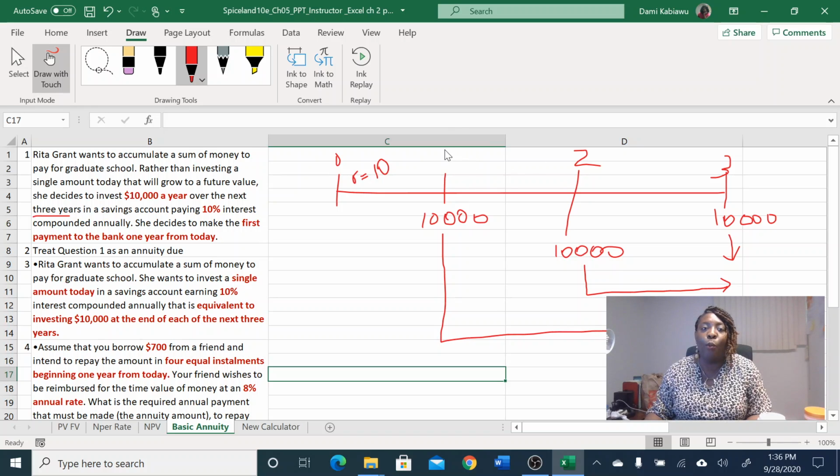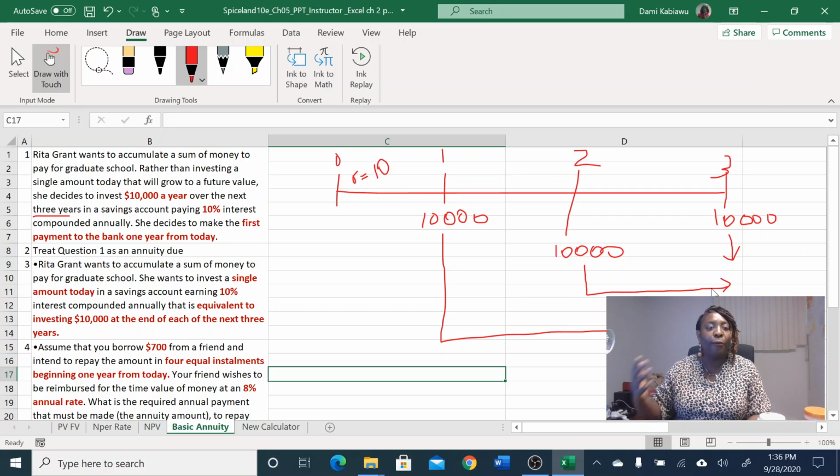It will grow from year 1 to year 3 to tell us how much will be in the account at the end of the period. Sounds complicated, doesn't it?